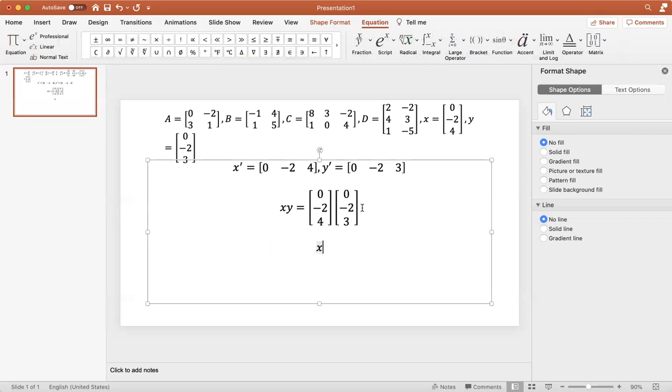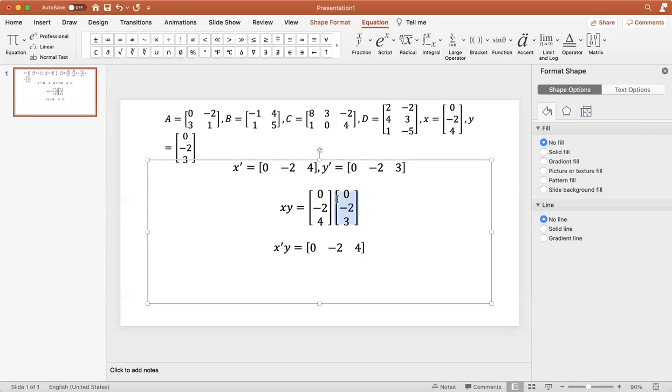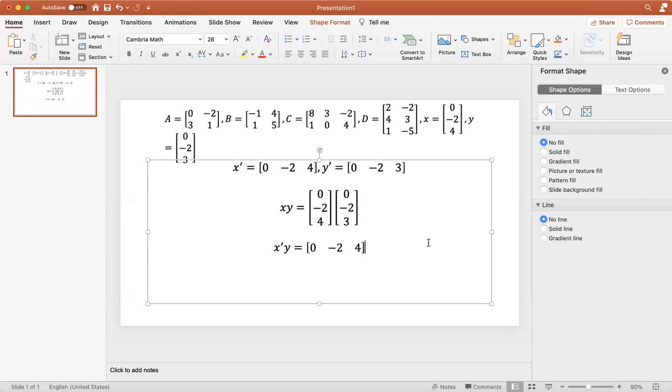If, for example, you wanted to multiply the transpose of x, which is the row vector of x, times y, you'll get what you call the inner product of two vectors, right? We just copy this, transpose y.